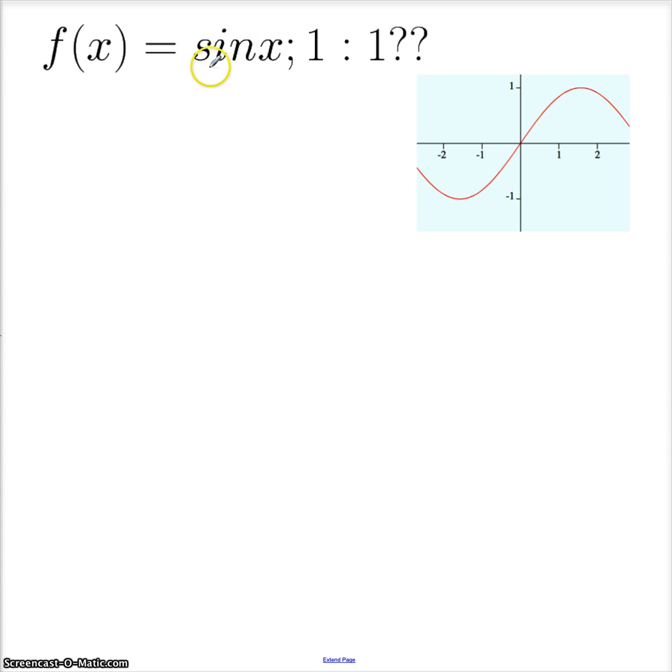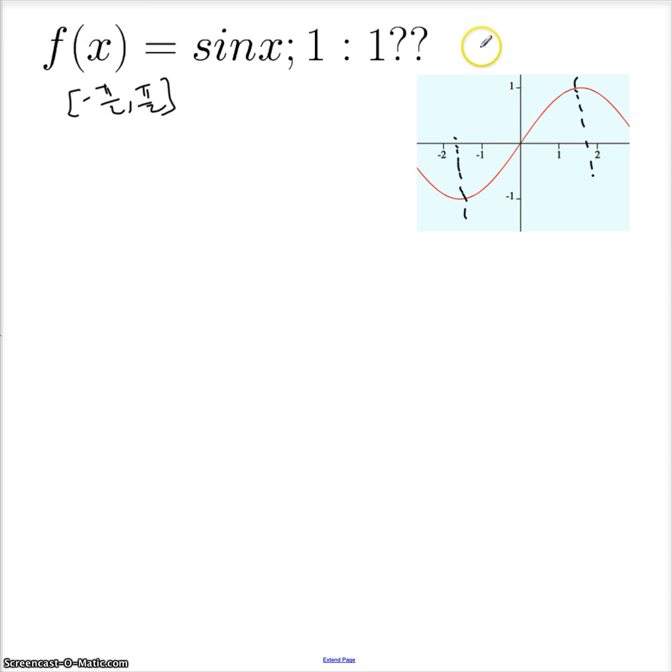Now, if f of x is sine of x, where is it 1 to 1? Well, clearly, it's only going to be 1 to 1 in this area right here, or from negative pi over 2 to pi over 2. Everywhere else, it's not 1 to 1.